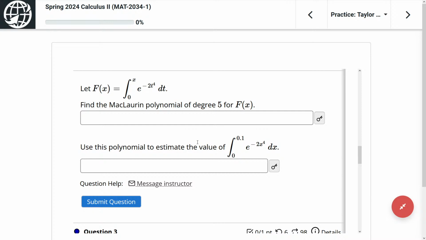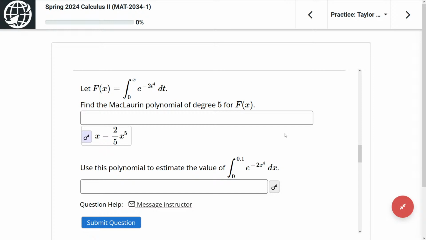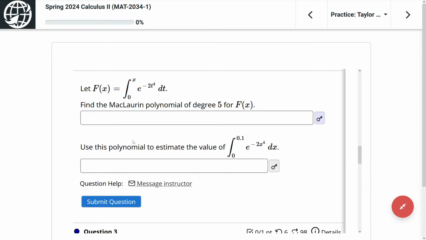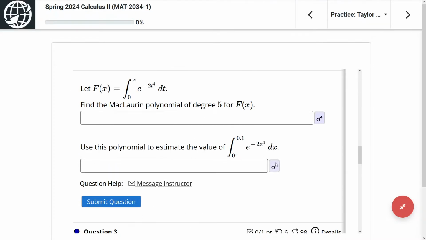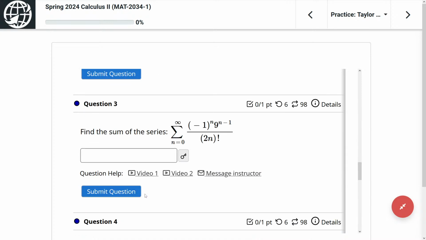You make the Maclaurin series for this function, do the antiderivative to get this. There is the constant issue. What is the constant going to be? Oh, they have no constant. So I guess you don't have to worry about a constant. You saw how simple it is. So degree 5, and then they want to use this to estimate this value. You can do that yourselves by plugging in that value to this series. Okay, so that's pretty easy.